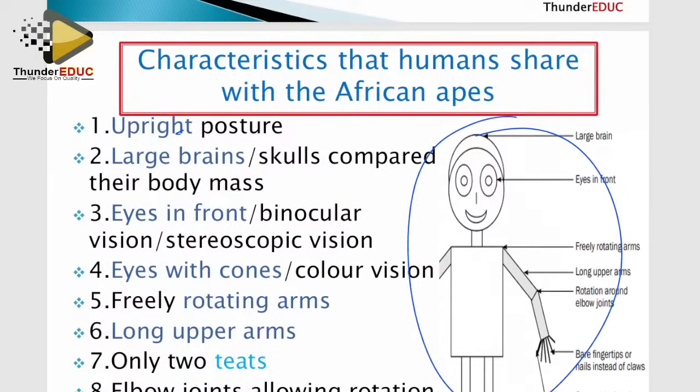I always tell people that life science is where you can copy in an exam. Someone says, how? Someone is invigilating you, and the question asks about characteristics humans share with other primates. Then you look at him: oh, he has eyes in front. You talk about things you see, and you copied from the invigilator.